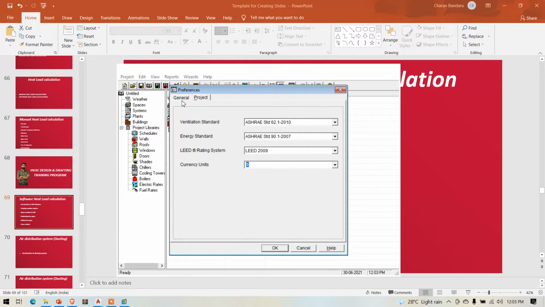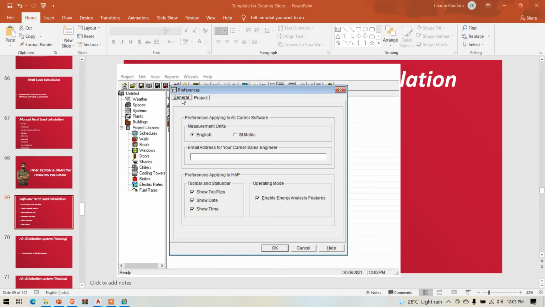Coming to the next option, called General, under General we have the measurement units. It asks in which measurement you want the results, whether SI metric or English units. I can explain this with one simple unit, air quantity.